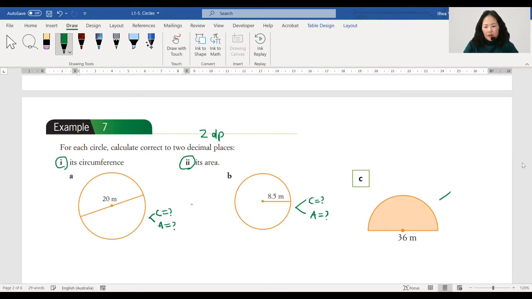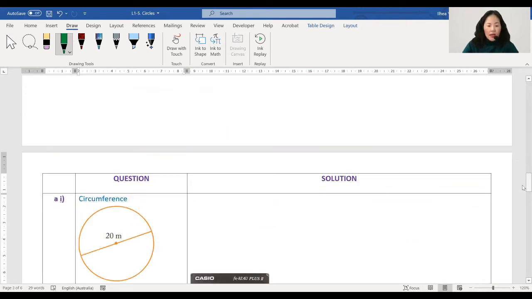And circumference and area. Okay, so that will be what we are looking for. So two things per part. Okay, we have a circle and it has 20 meters. Is it diameter or radius?